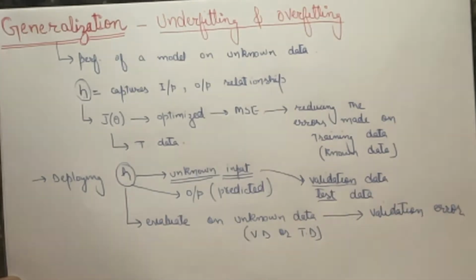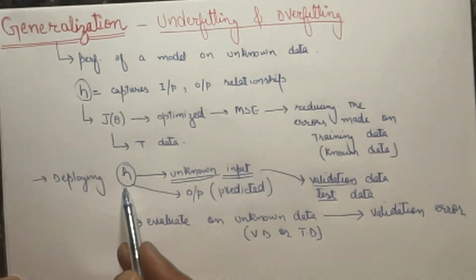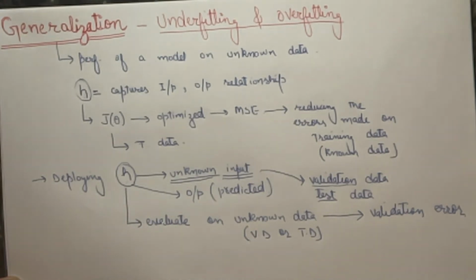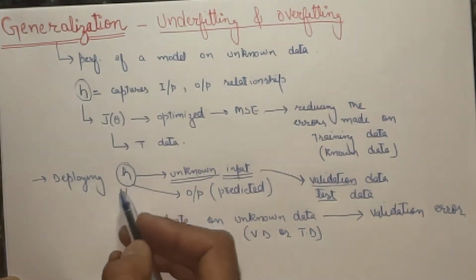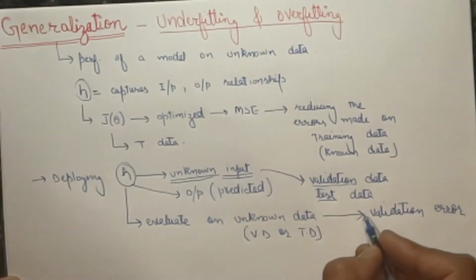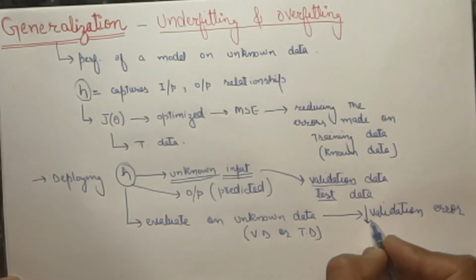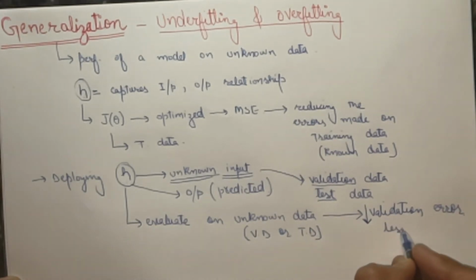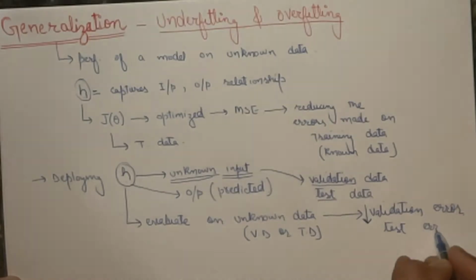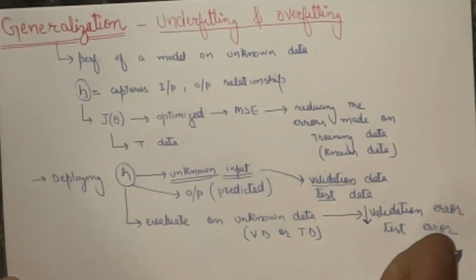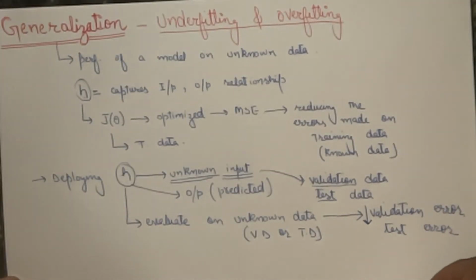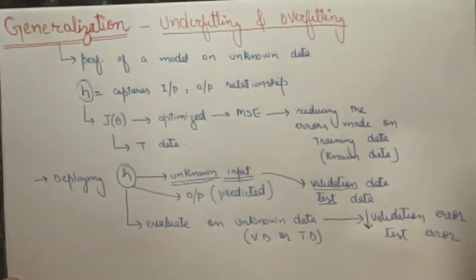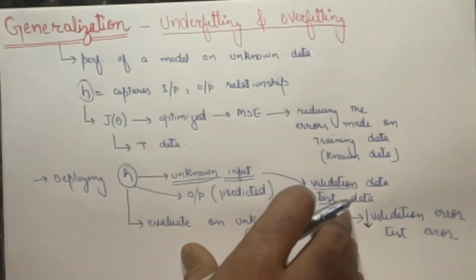And we will say that this particular model is best, or good, or generalizing to the unknown data, if this validation error is very low, or the test error is low. We want this test error to be very low. Fine, so this comes under the generalization concept.